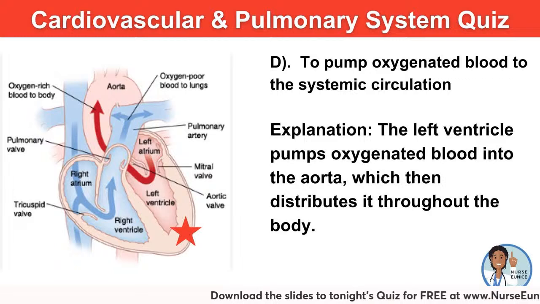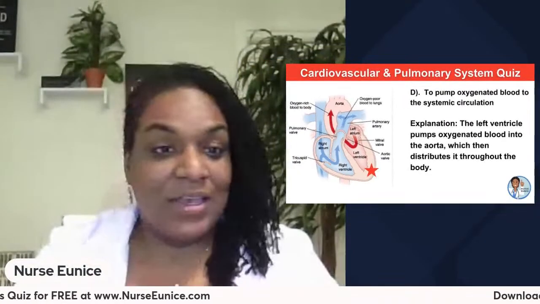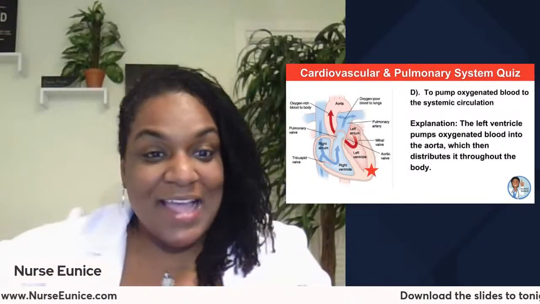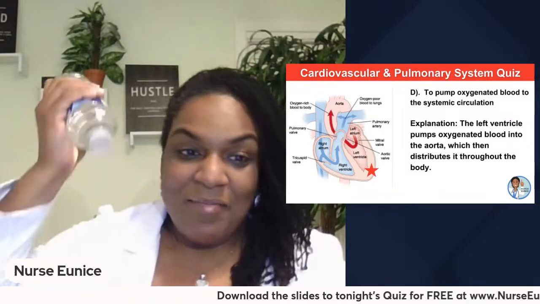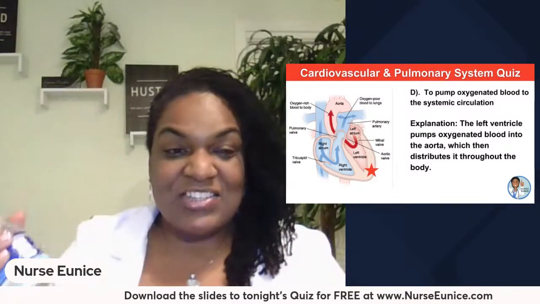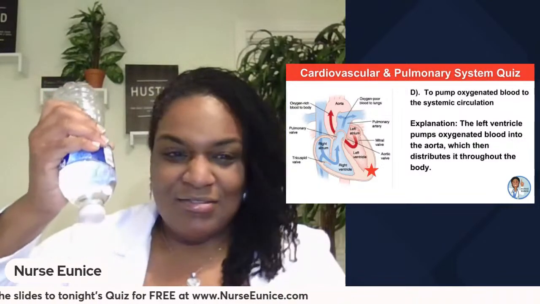Everybody, the correct response for this one is D. So when you look at the image, the left ventricle, what I want you to think about, and I wish I had one nearby, was a bottle of ketchup. So when you think of the left ventricle, I want you to think about that kick. When you're trying to get the ketchup, the very last bit from out of the container, you shake it, you squeeze it.